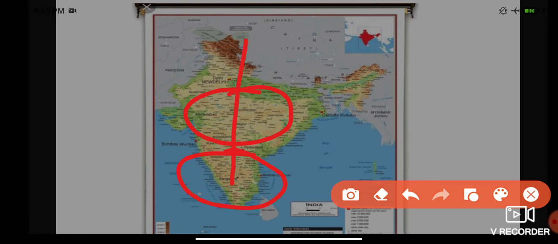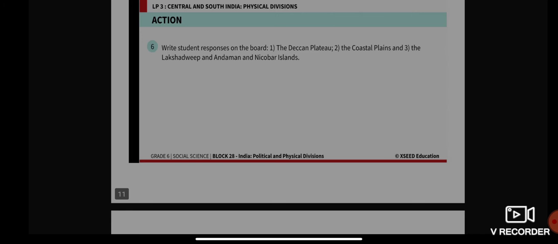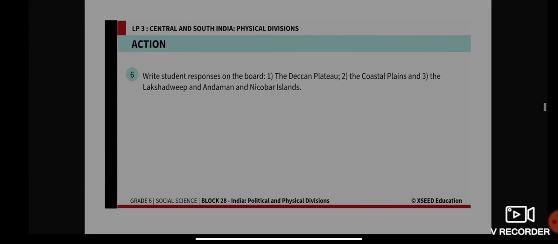I hope you know the directions: this is east, north, west, and south. So we are talking about Central India and South India. You have to find it in that way.